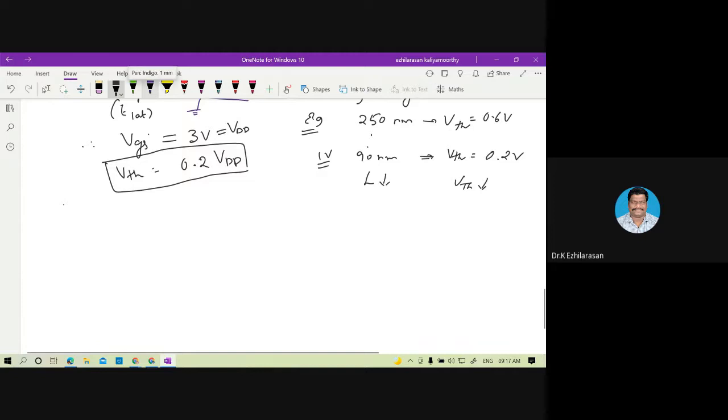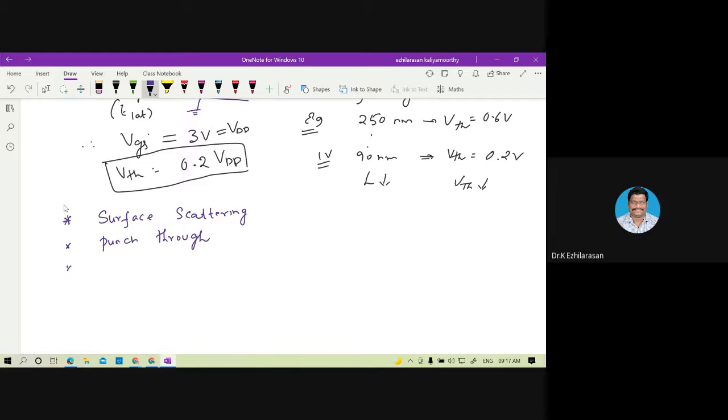So now let us write the short channel effects. What are the short channel effects? The first short channel effect is surface scattering. Second is punch through.